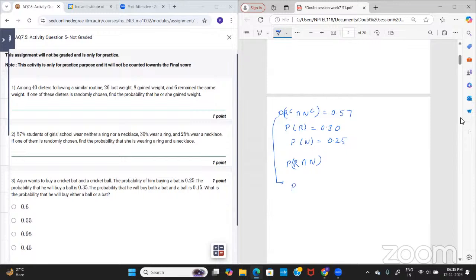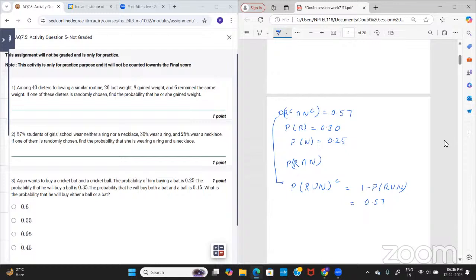It is the same as the probability of R union N whole complement, right? Yes, ma'am. So we can write this as 1 minus the probability of R union N, and this is given as 0.57.